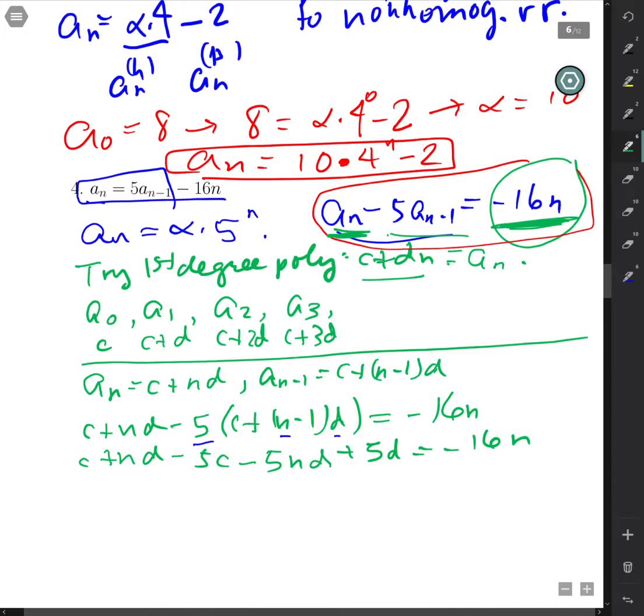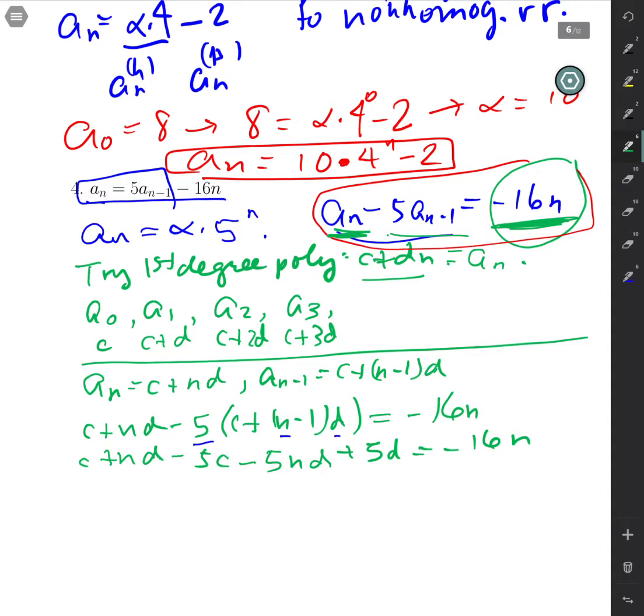So let's collect the constant parts and the parts that depend on the variable n. It's akin to what you would use in an earlier algebra course. You would use an x for your polynomial variable, but here it's n.